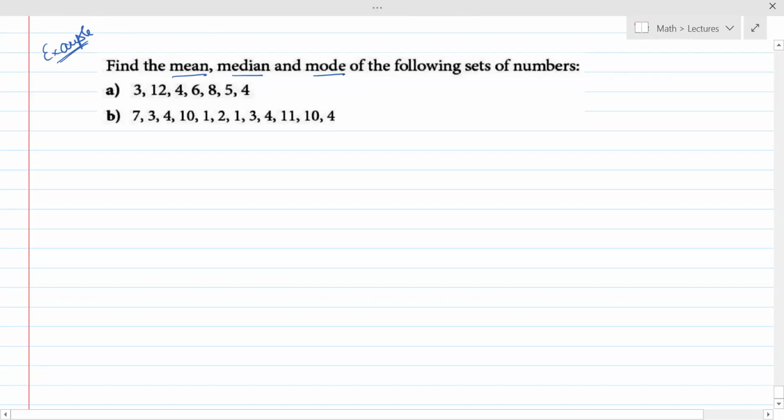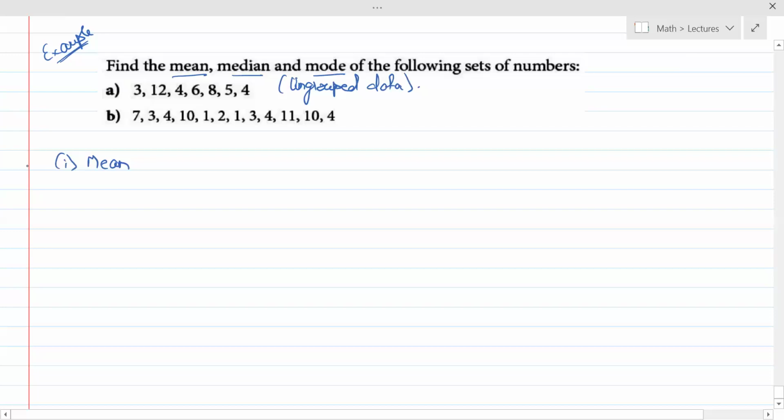And we can see that this data given is the ungrouped data. Why ungrouped data? Because it's the data obtained in the raw form and no organization has been applied on it. So let's start with finding the mean first.